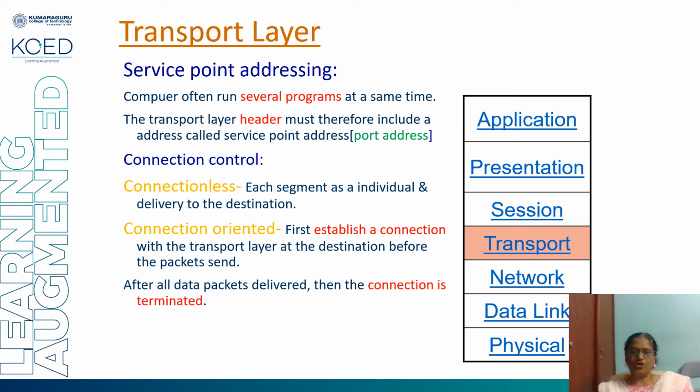So it's the duty of the transport layer to identify the specific application or process to which a packet must be delivered. That's called service point addressing. You define the service point to which the packet must be delivered. The service point is IP address comma port number.